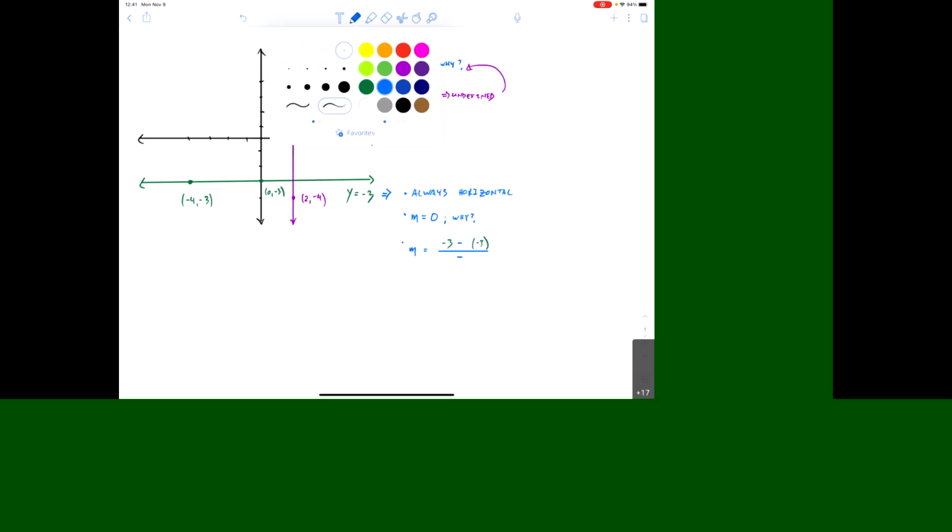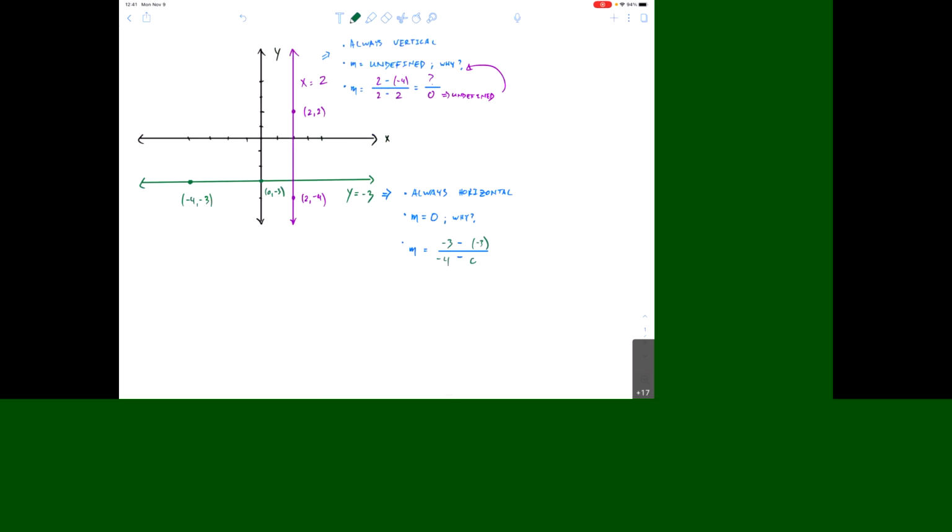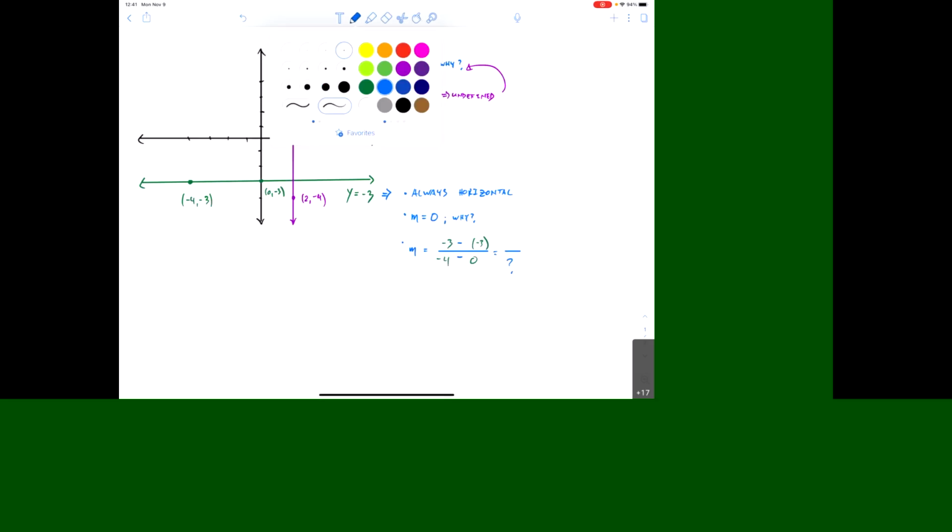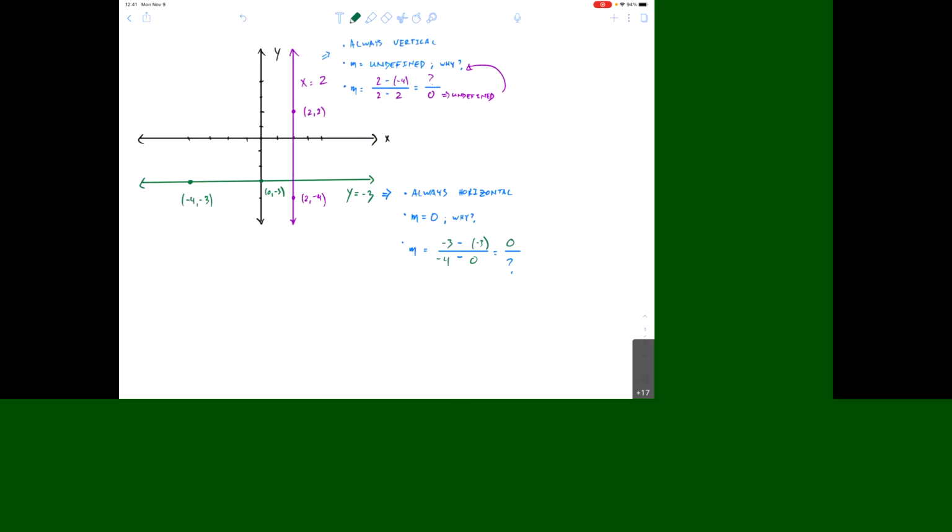And then the x values, I'm going to subtract the left side first, so negative 4 minus 0. Well, you'll find out that it doesn't matter what's on the bottom, because the fact is that you're always going to get 0 on the top. What does it mean when you have 0 in the numerator? It means that in any fraction, it's 0 overall. And that's why those are the case.